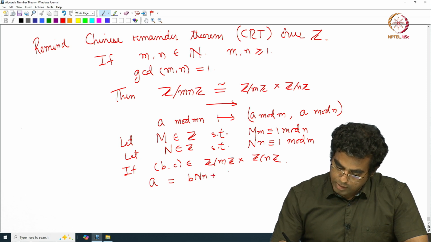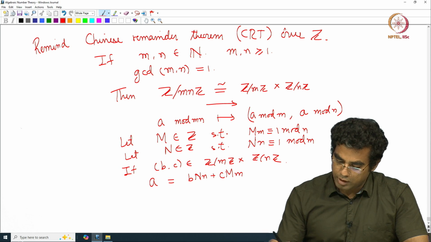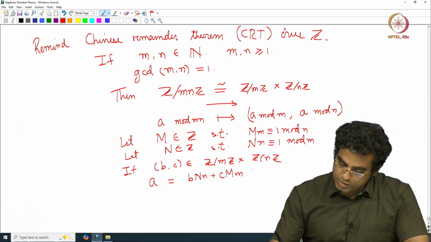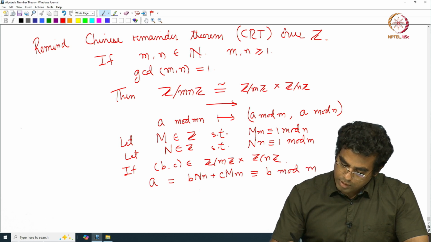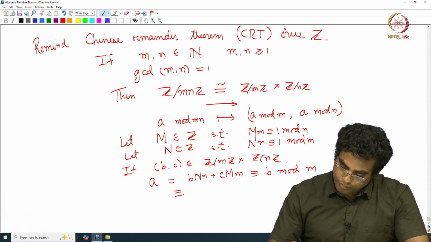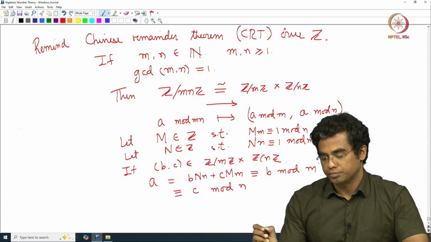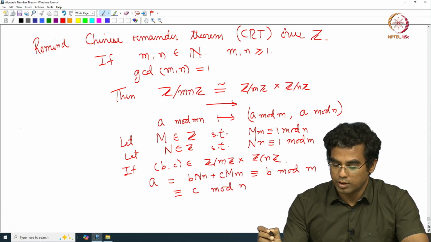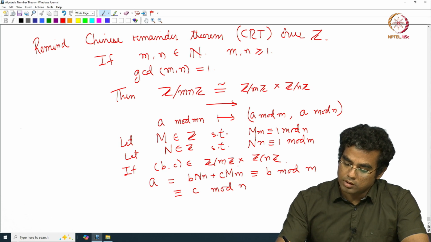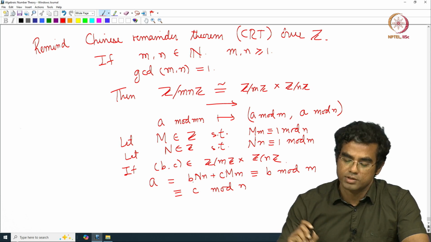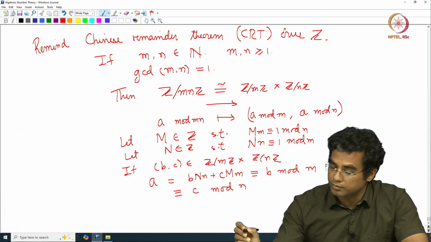So, what is this? This is congruent to b modulo M, and it is also congruent to c modulo n, right, because mod M, this second term vanishes and the first term is just b times 1, right.